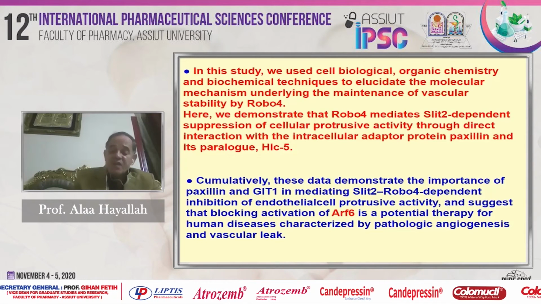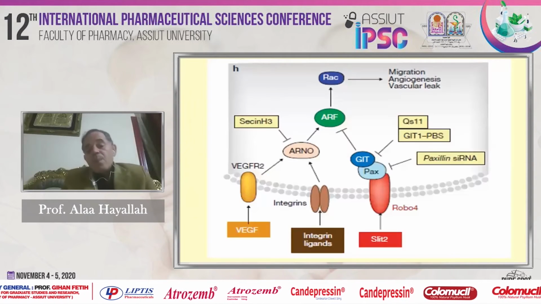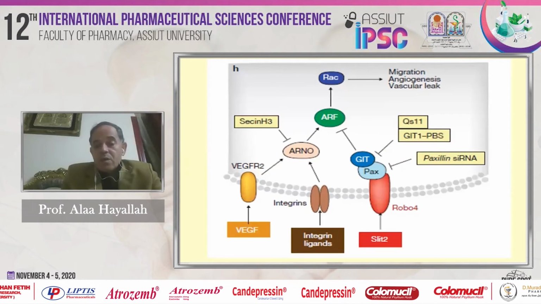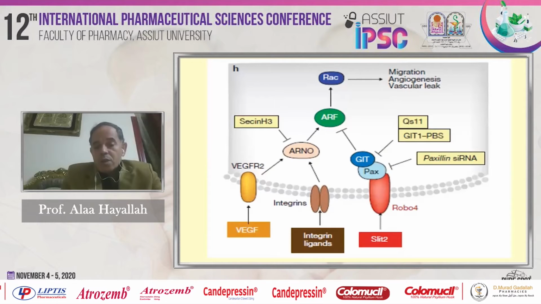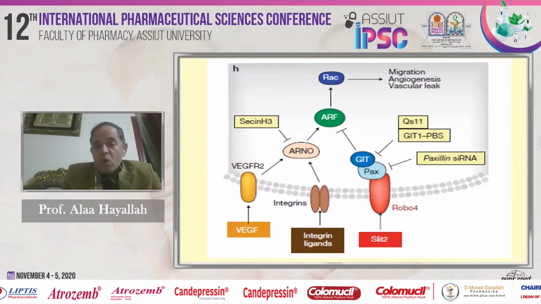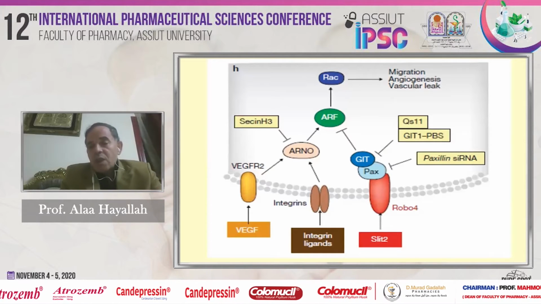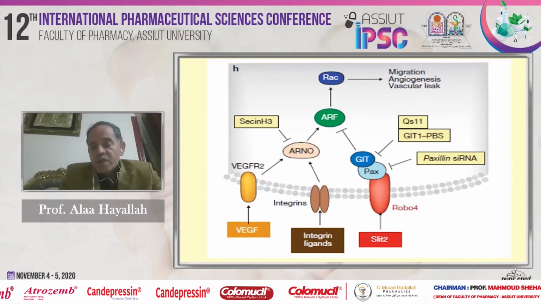In very brief summary, as you see, we have many pathways in activation or block of ARF, and the blocking of ARF led to blocking of RAC protein, led to migration, angiogenesis and vascular leak.